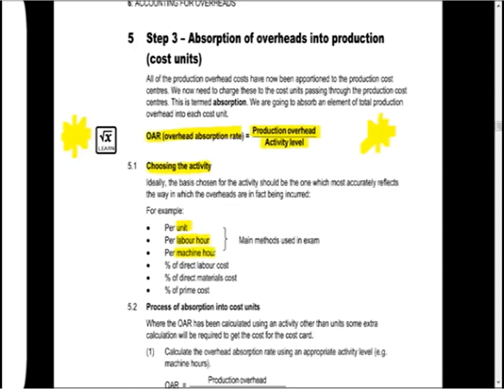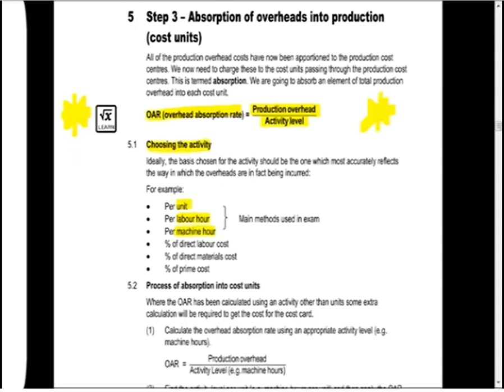Sometimes you might see an approach which is a percentage of direct labour or materials or of the total prime cost. Whichever basis for activity is chosen, the process of absorbing it into the individual units is the same. If we use any basis other than units, we have an extra calculation to get the cost per unit.